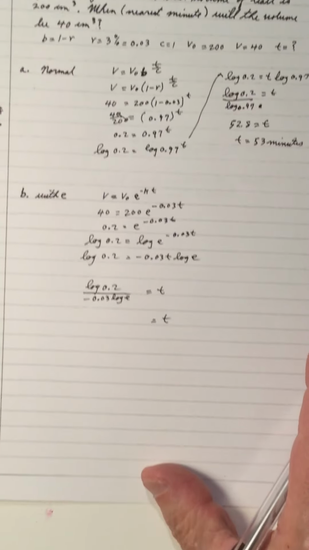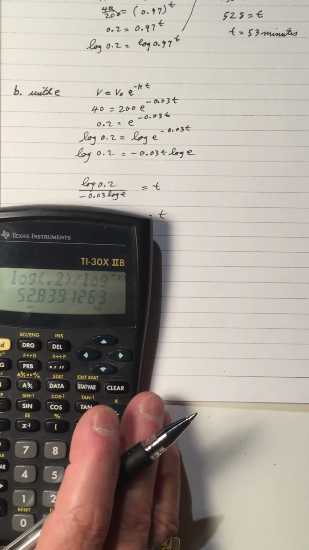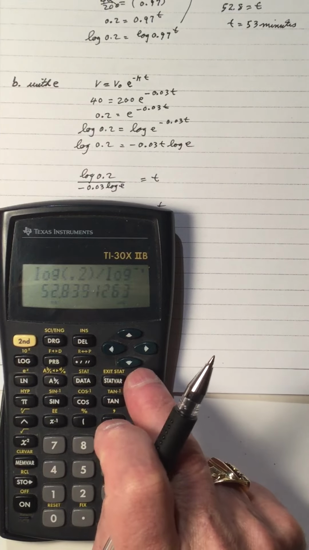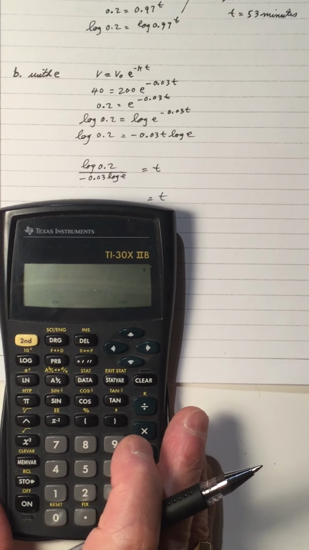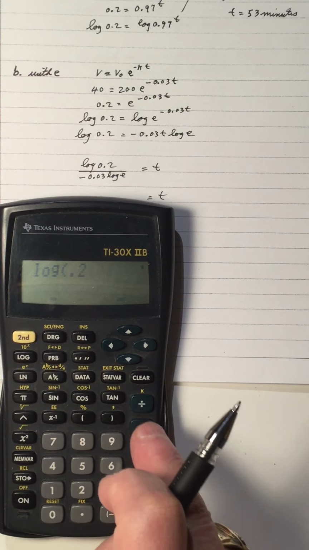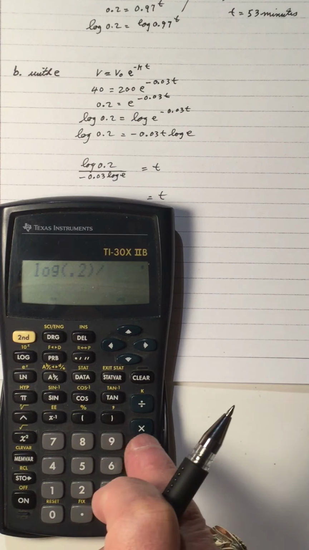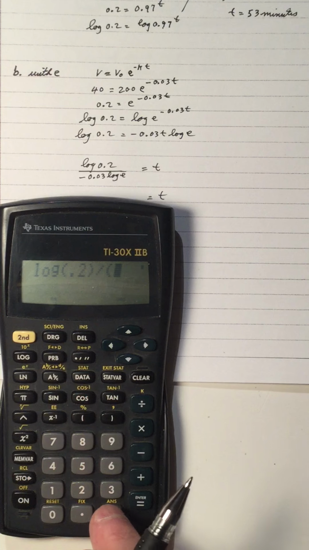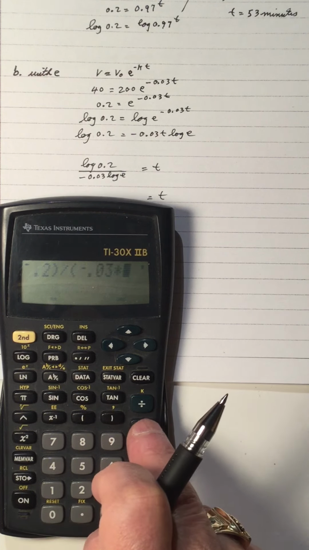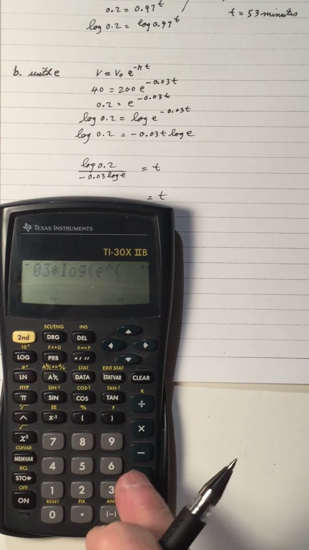So again, move the paper up so you can see what I'm doing with the calculator. It's very important for you to see what I'm doing, and you should practice with your own. So here we go. I'm doing the log of 0.2 and closing it off, and I'm going to divide, and I have to use a bracket, making sure. I'm going to use negative 0.03 times log, and I need the e.